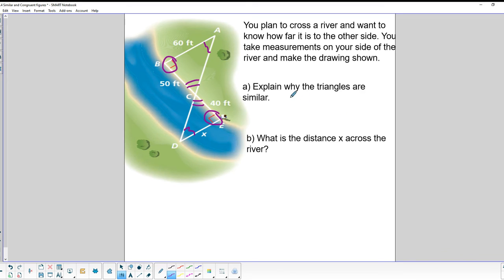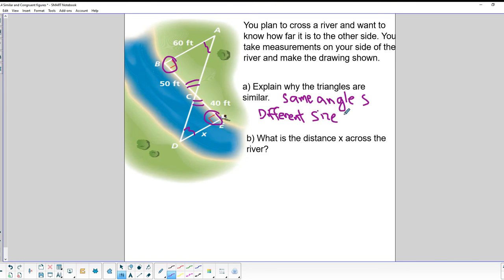So why are these similar? You have the same angles. Same angles, but we happen to notice that the side lengths are different in length. So that's kind of what similar means. Different sides, but same angles. Different sizes.